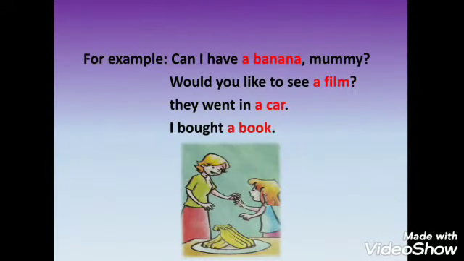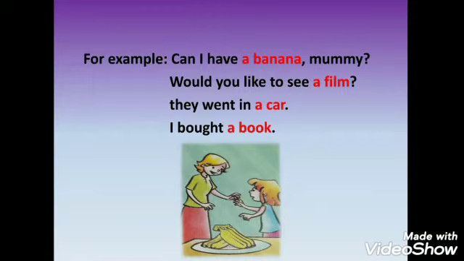The next examples. Can I have a banana, mummy? Would you like to see a film? They went in a car. I bought a book. In these sentences, a banana, a film, a car, a book means any banana or any film, any car or any book.